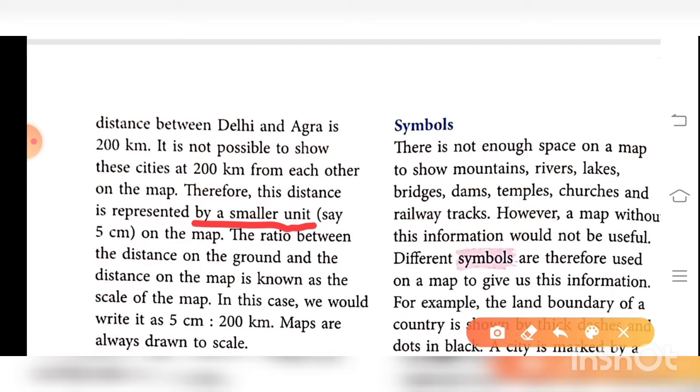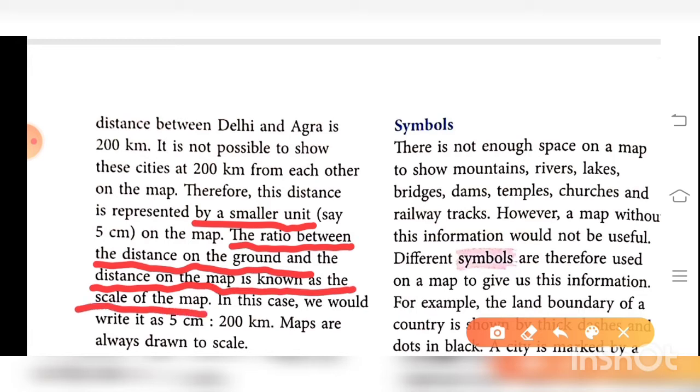The ratio between the distance on the ground and the distance on the map is known as the scale of the map. So this is the definition of scale. What is the scale of the map? The ratio between the distance on the ground and the distance on the map is known as the scale of the map.